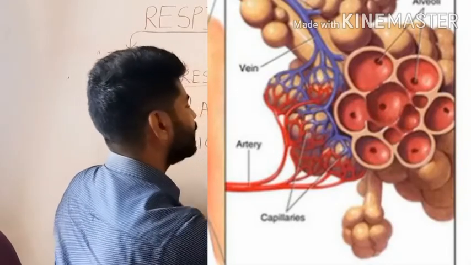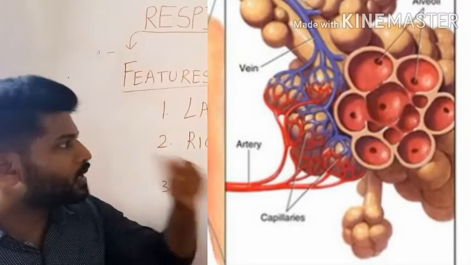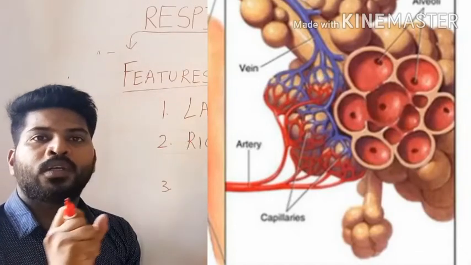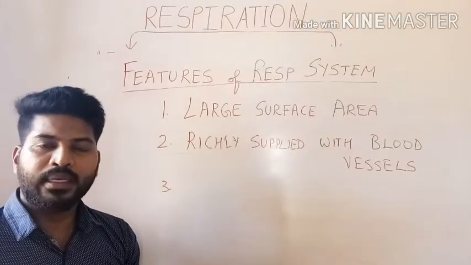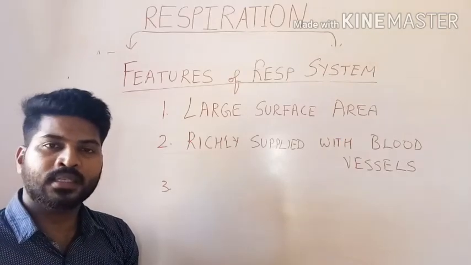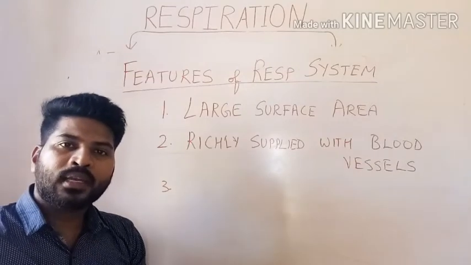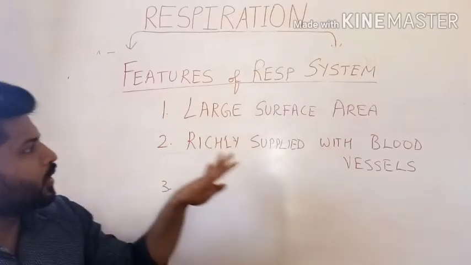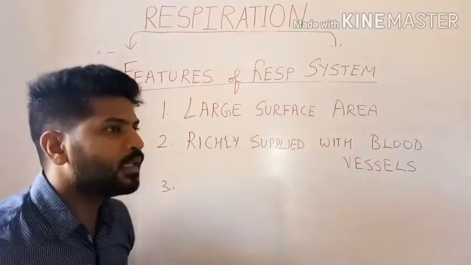That is, we can see that these are highly vascular because once the respiratory organs absorb oxygen, we require a transport system to transport this oxygen to different parts, to different cells, and this blood is also used to collect byproducts such as carbon dioxide. So you can find that these organs are richly supplied with blood vessels.